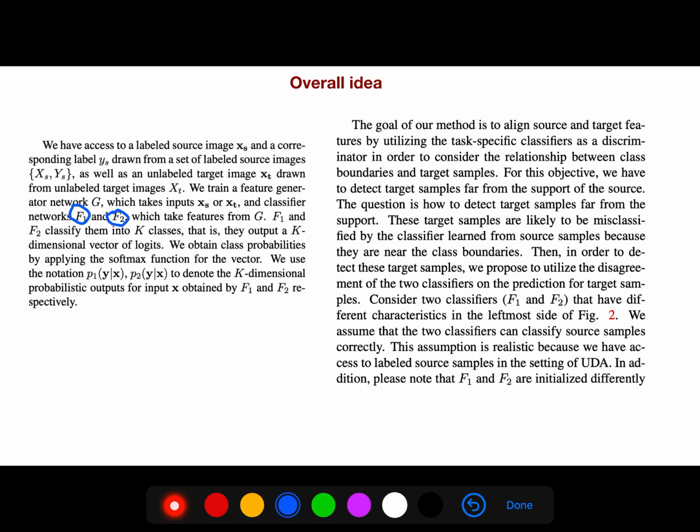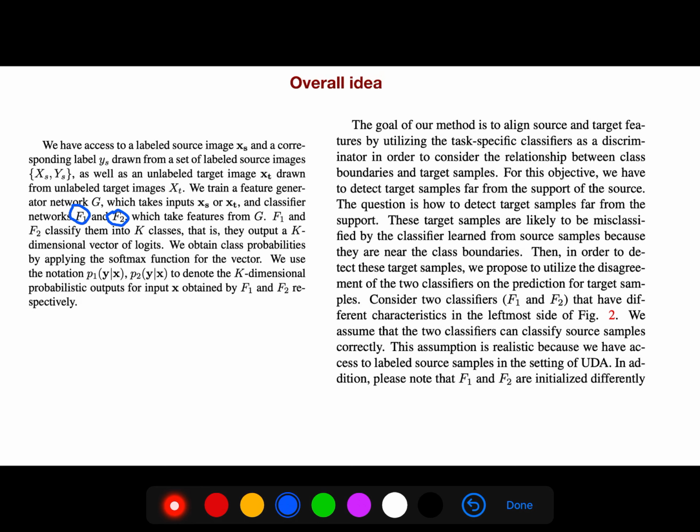These are classifiers which take features from the G. f1 and f sub 2 classify them into k classes. That is, they output a k-dimensional vector of logits. We obtain class probabilities by applying the softmax function to the vector.